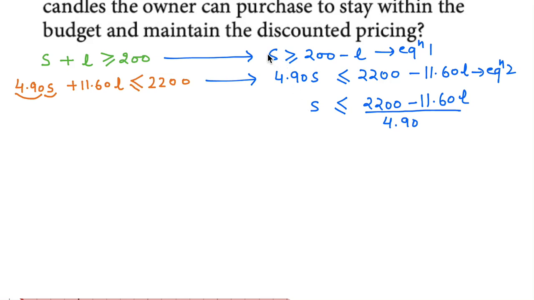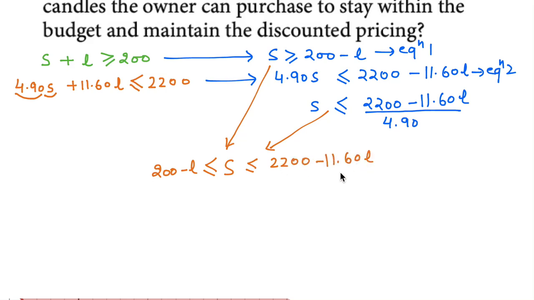Now I have two manipulated inequalities where S is on one side. So we can write them: S has to be greater than or equal to 200 minus L from this situation, and from this one S is less than or equal to (2200 minus 11.60 L) over 4.90.